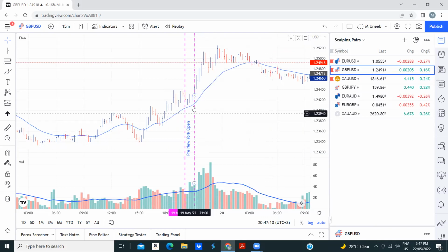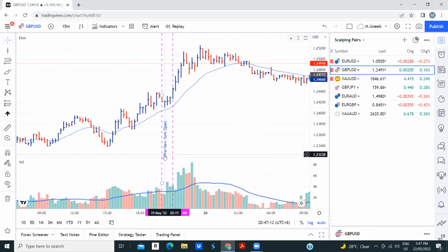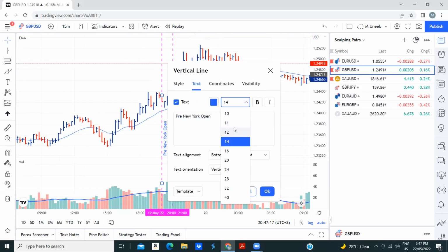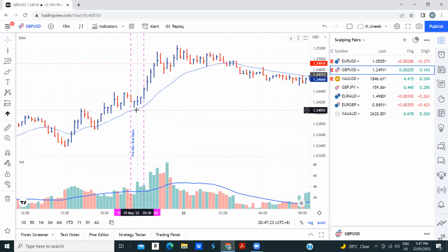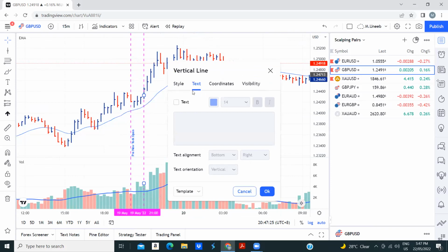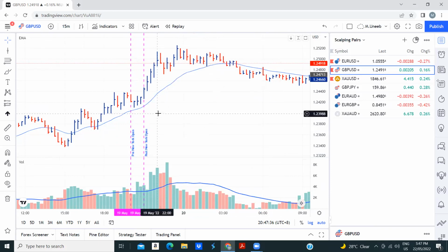Let me make it smaller. Okay, pre-New York Open is here. And how about this one? New York Open at 8 p.m. This one is post New York Open, right? Okay, post New York Open.